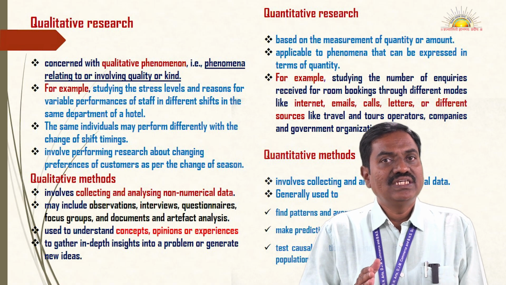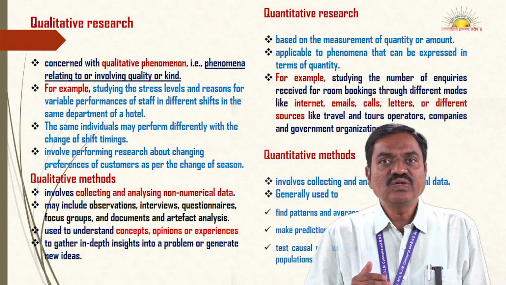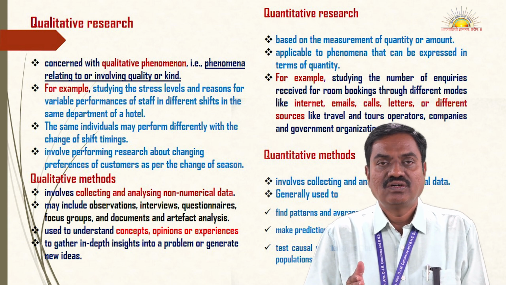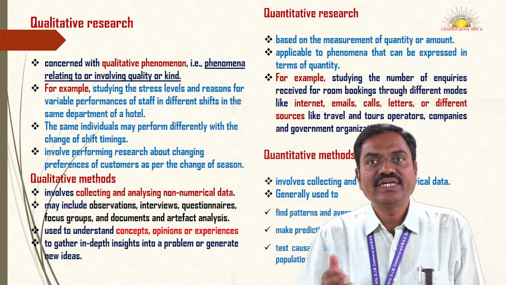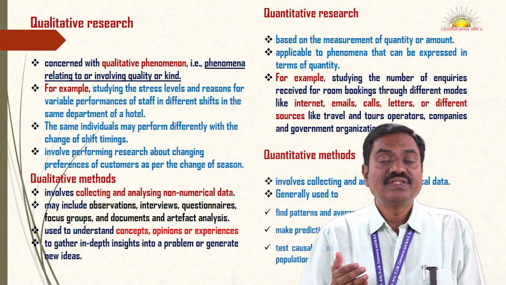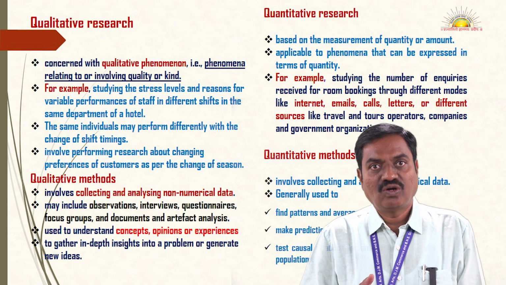The next term is quantitative research. Quantitative research is based on the measurement of quantity or amount, a numerical data. It is applicable to phenomena that can be expressed in terms of quantity or numbers.